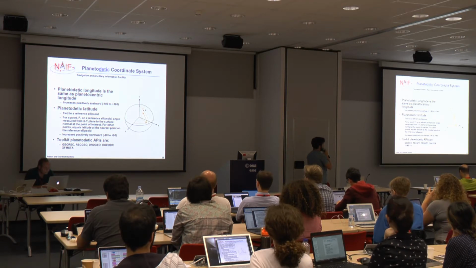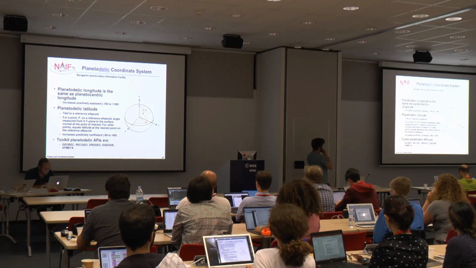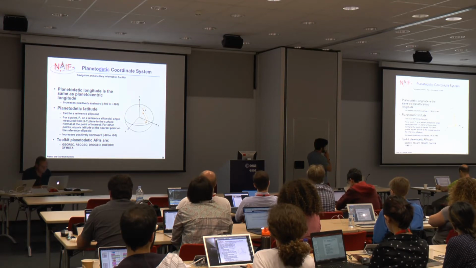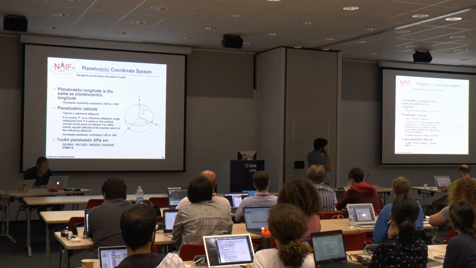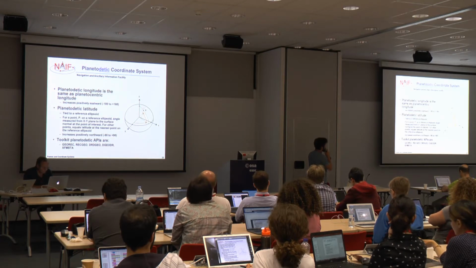For other points, it equals the latitude at the nearest point on the reference ellipsoid. You can see it here. We've got a normal, and that normal is not intersecting at the origin of the ellipsoid, and the angle is this one. So that's the difference. See? The angle is actually higher for the same point. Okay.